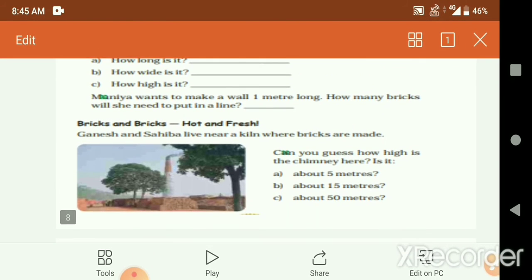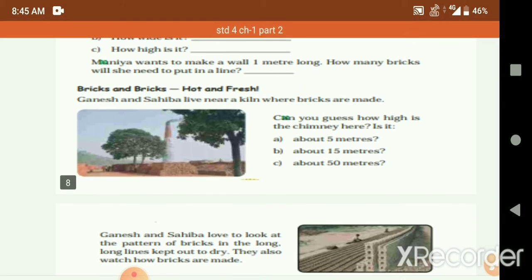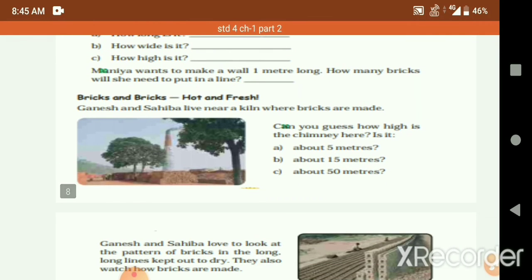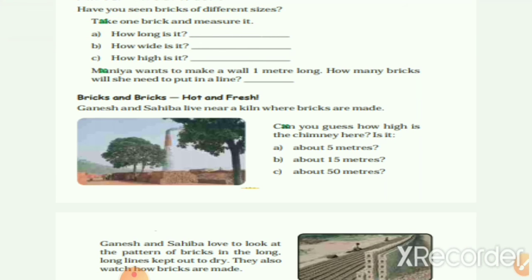Can you guess how high the chimney here is? Is it about 5 meters, about 15 meters, about 50 meters? The height of a chimney is very high from the land.